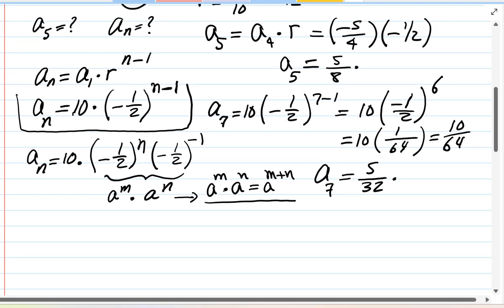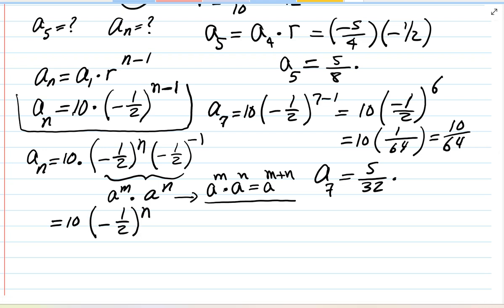So what does that mean? What is it going to do for me? Well, negative 1/2 to the n, I'm going to keep it. Now, negative 1/2 to the negative 1. Let's take a look at that one. To negative 1. We can use the negative exponent rules to do this one. I just flip the fraction inside parentheses and change that to a positive exponent. There you go.